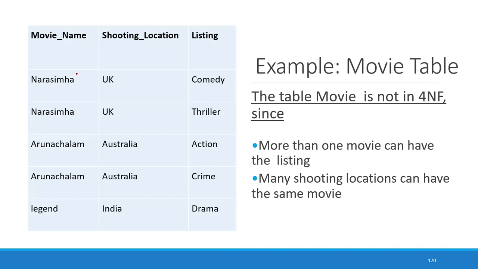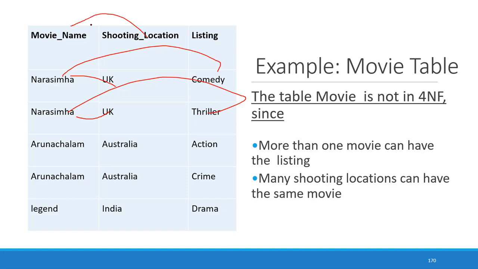Narasimha's shooting location, just assume, is partly in the UK, and the type of movie is comedy and thriller. Here the shooting location depends on movie name, and listing depends on movie name. So multiple dependencies depend on only one attribute. This is called multi-valued dependency.